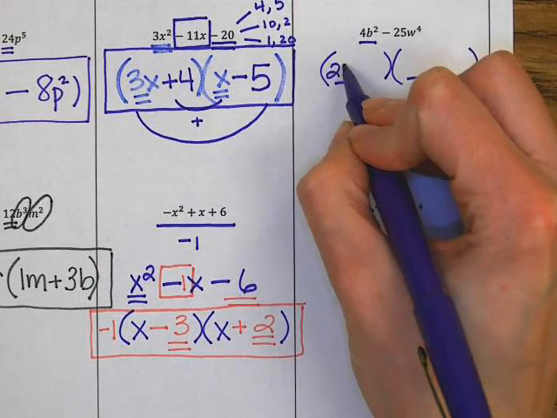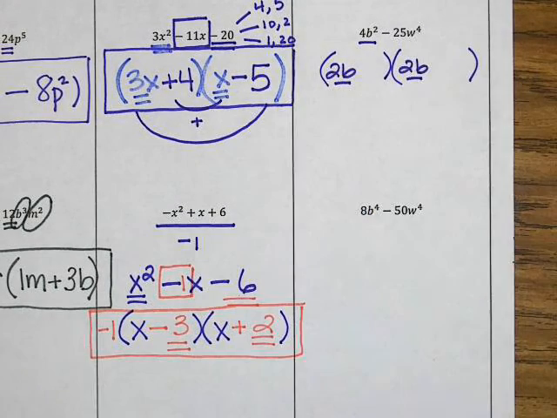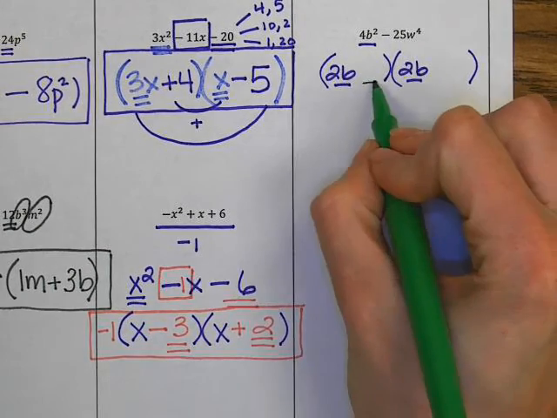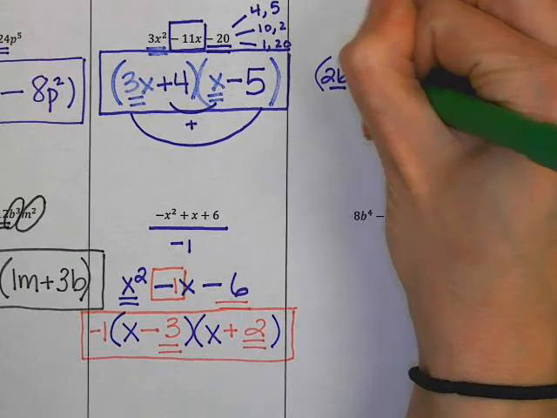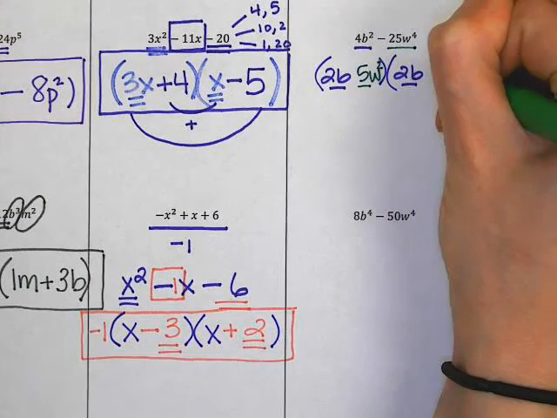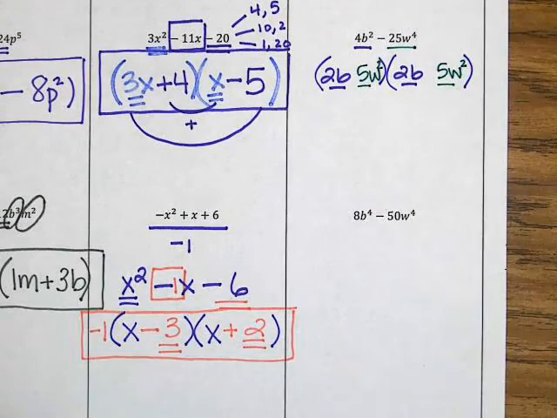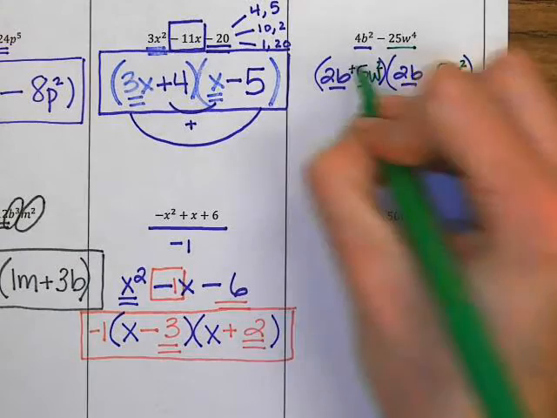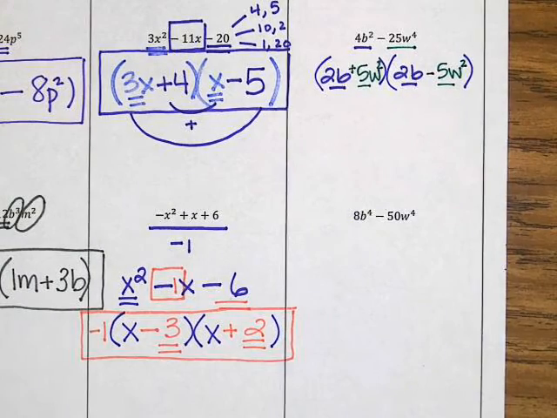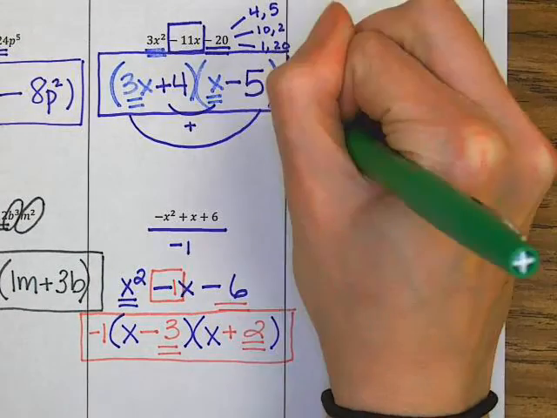It's got to be 2b and 2b. Remember, they have to be the same. And then, what times what would give you 25w to the fourth? That would be 5w squared and 5w squared. And then for the middle terms to cancel, one is plus and one is minus. And that's it.